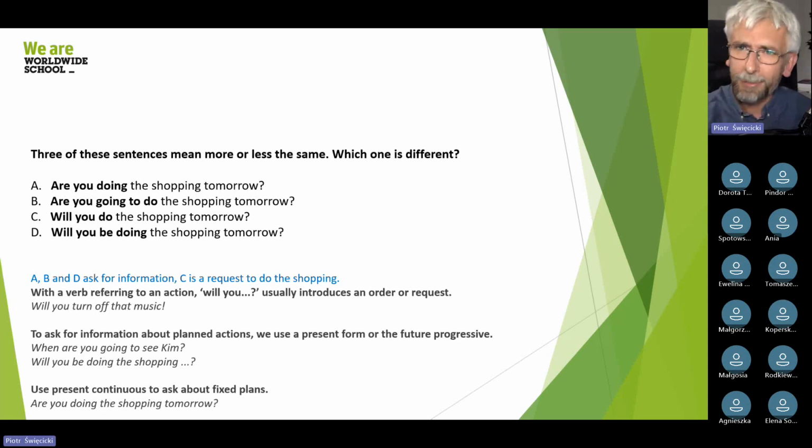Now, this may look a bit confusing, especially if you haven't talked to your teacher for a long time about future forms. But maybe that's just a nice reminder for you to explore future forms. As I said, there are 10 of them, or 11 or 12. It depends how you count them.